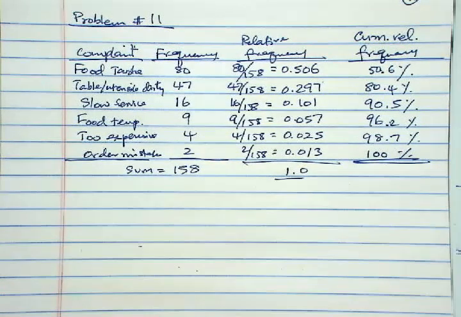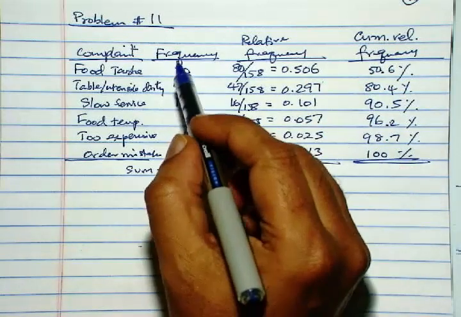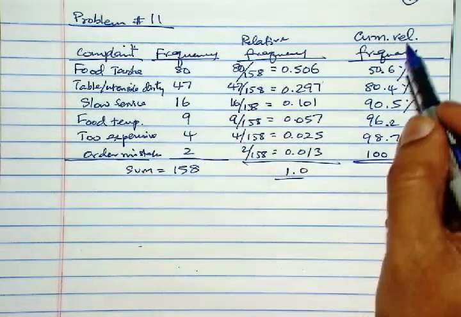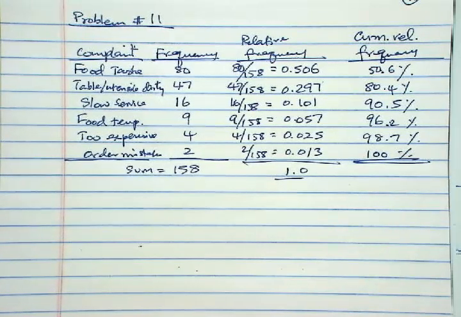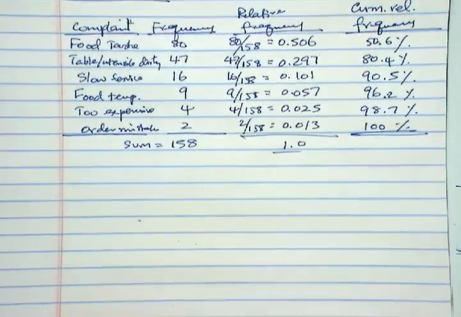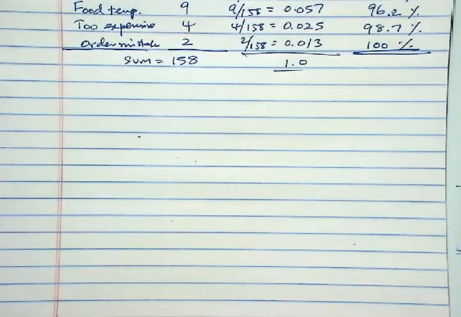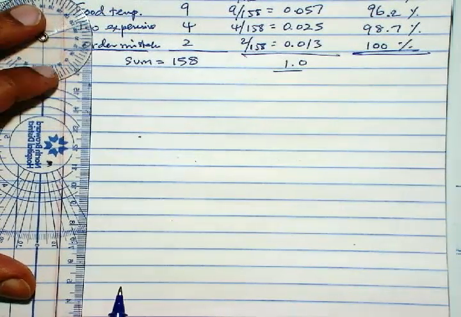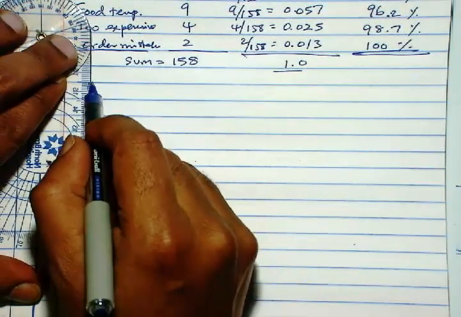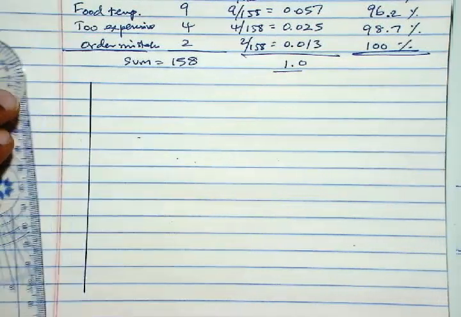So now we have to plot two things. We have to plot the frequency, and we have to plot the cumulative relative frequency. So let's first set up the scale. Okay, if you have a ruler, that would be the best.